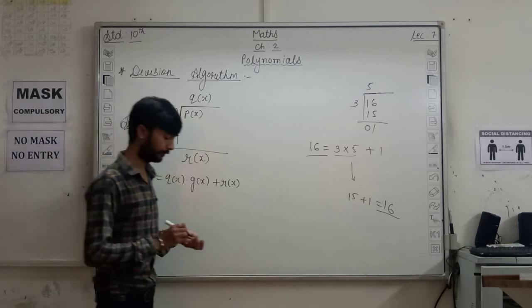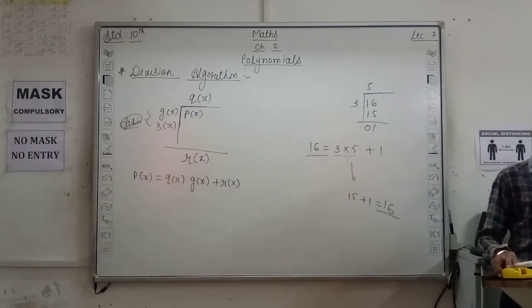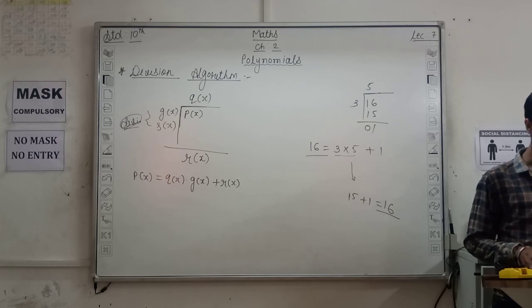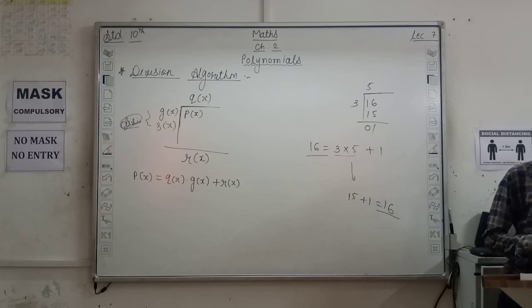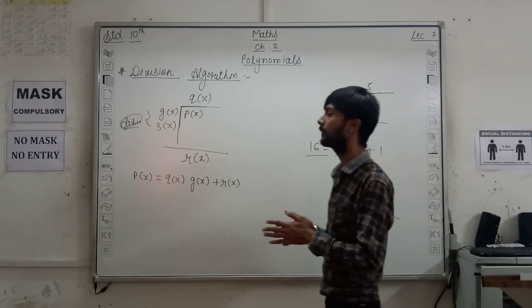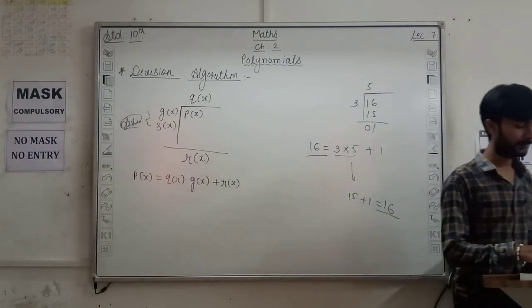Okay. So this is given to you on page number 34 of your textbook. From the next lecture we'll see the division algorithm. By using the division algorithm we'll do question number 4 of exercise 2.3, right?